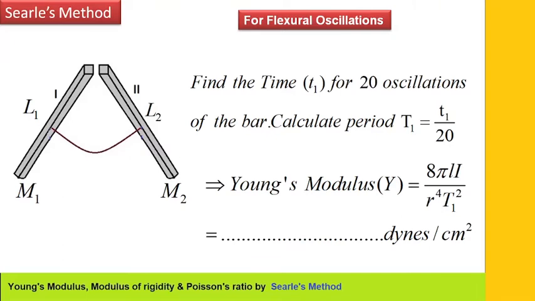Now Young's modulus capital Y is equal to 8 pi small l into capital I, that is the moment of inertia, divided by small r raised to 4, where small r is the radius of the wire connected in between the two bars, into T1 square, in dynes per centimeter square.